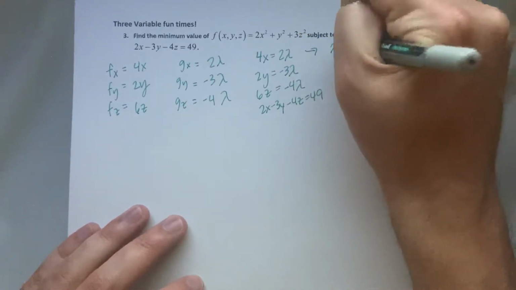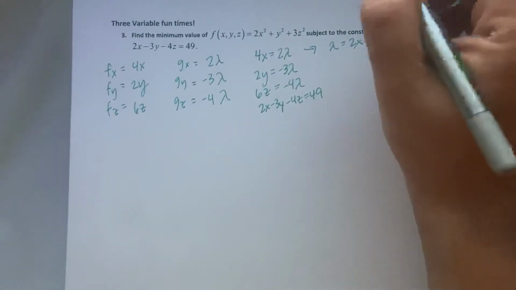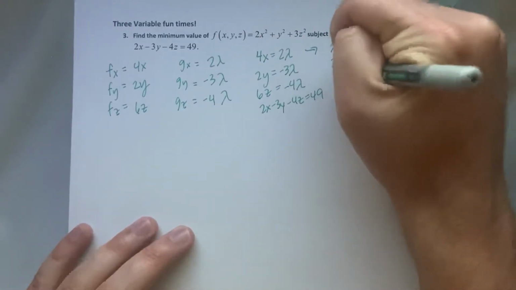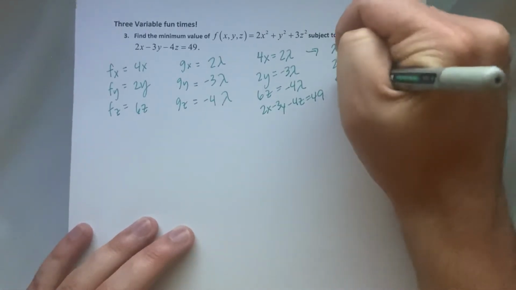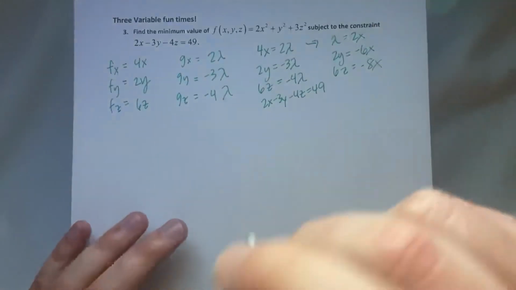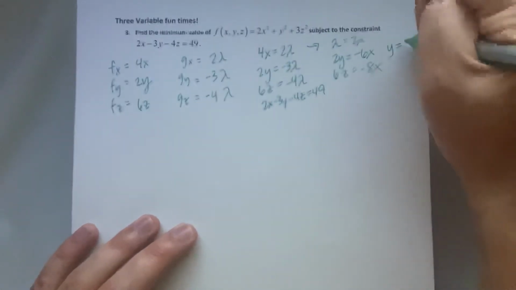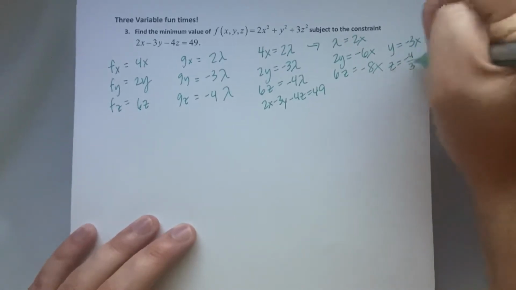We get lambda equals 2x, and substitute it in for the other 2. So we get 2y equals negative 6x. We get 6z equals negative 8x. Which means y is negative 3x, and z is negative 4/3 x.